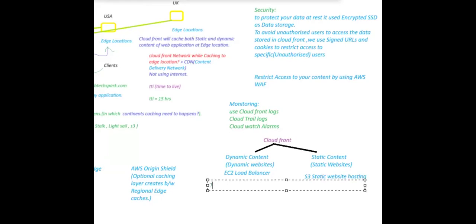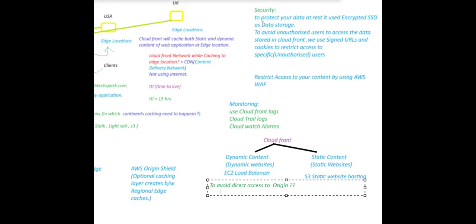So to avoid direct access to the origin, what do we do? Here in EC2, what have we done? We have provided a header value, right?